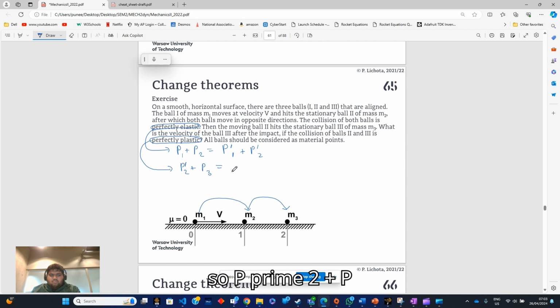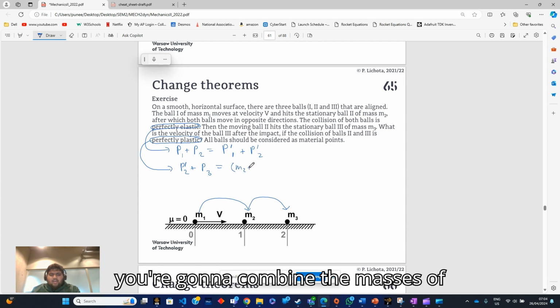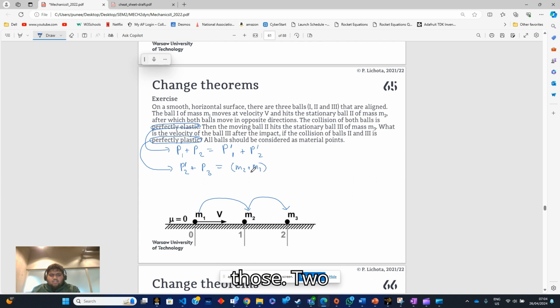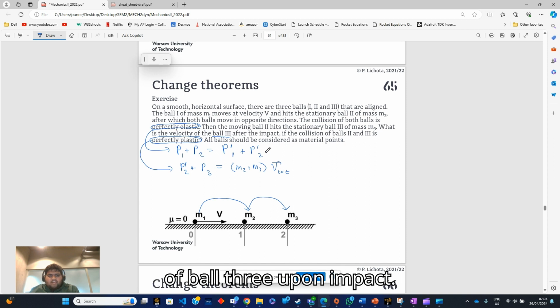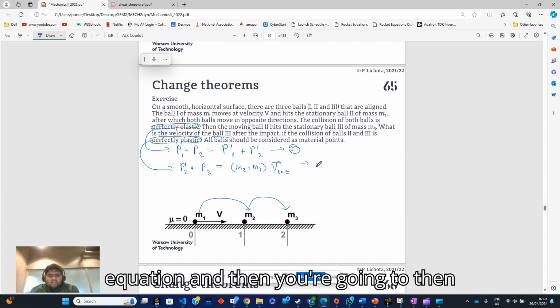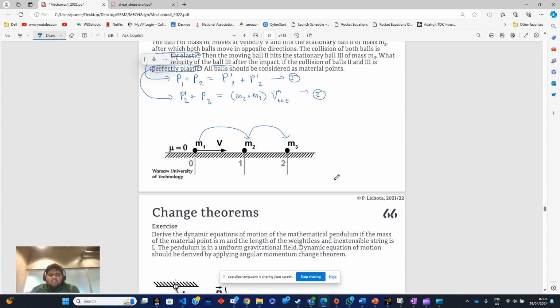So P prime 2 plus P prime 3 is essentially the combined masses of those two blocks times the total velocity, and you're asked to find the velocity of ball 3 upon impact. So you first solve this equation, and then you solve this equation.